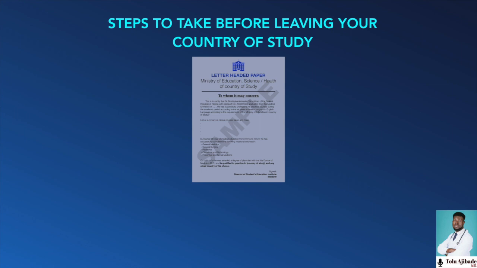They want to be sure that you are being baked even to practice in that country, like the country you studied in can trust you with their own patients and their own citizens. So they want a letter from your university, or from the Ministry of Education or Ministry of Health of that particular country, proving that you can practice in that country.